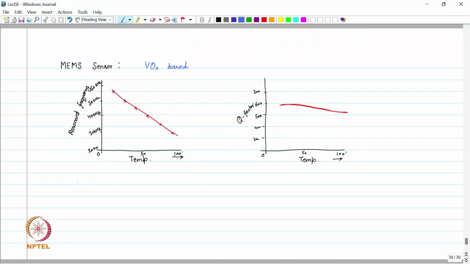Now this quality factor actually varies from, let's say, 400 to 600.